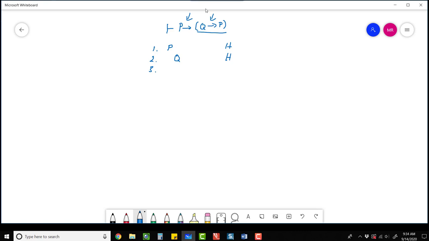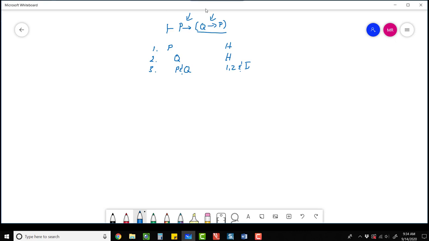It's called the rule of reiteration, but we don't have it now. So what we have to do is get creative, and what you do here is you use conjunction introduction, right? So you can write P and Q by 1, 2, conjunction introduction.